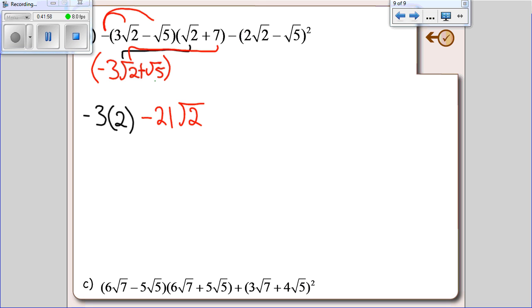They're not the same. 5 and 2 are not the same. So all you're going to have is plus root 5 times 2, so 10. Remember back a couple lessons ago, when you have a root sign times another root sign, you can multiply the two things together. So 5 times 2 is 10. Finally, your last term. Root 5 times 7 is going to be plus 7 root 5.